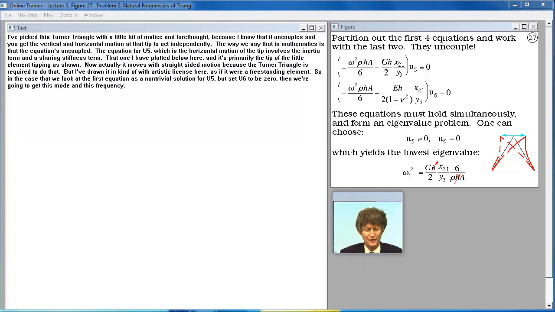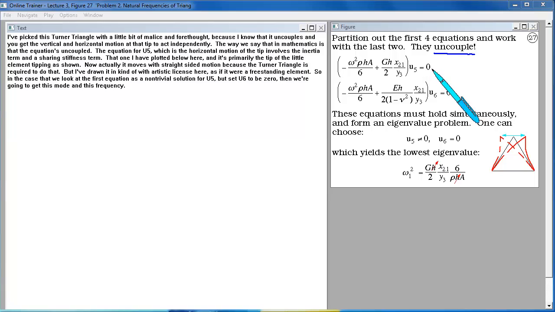I've picked this Turner triangle with a little bit of malice aforethought because I know that it uncouples and you get the vertical and horizontal motion at that tip to act independently. The way we say that in mathematics is that the equations uncouple. The equation for U5, which is the horizontal motion of the tip, involves the inertia term and a shearing stiffness term.